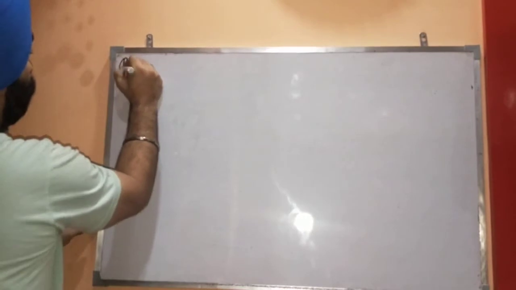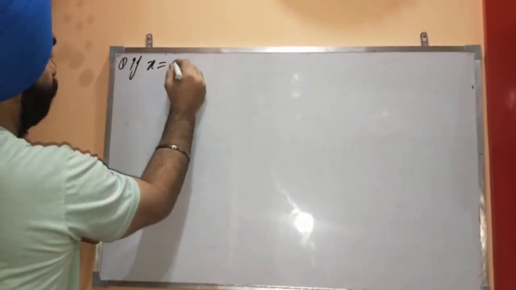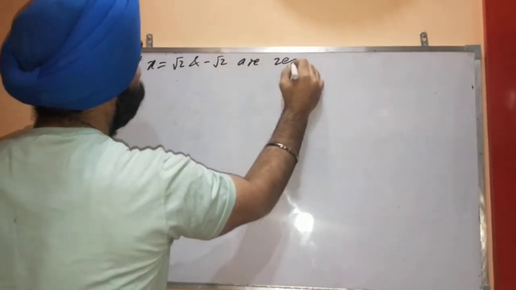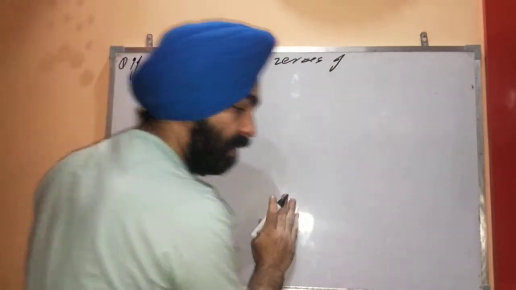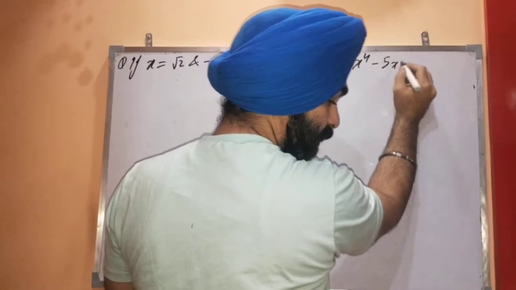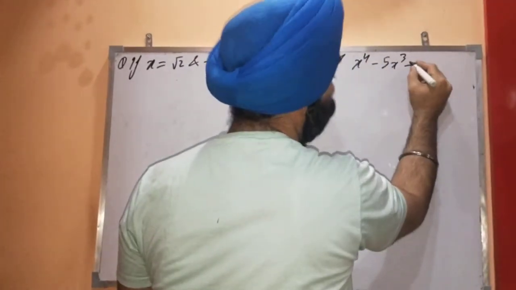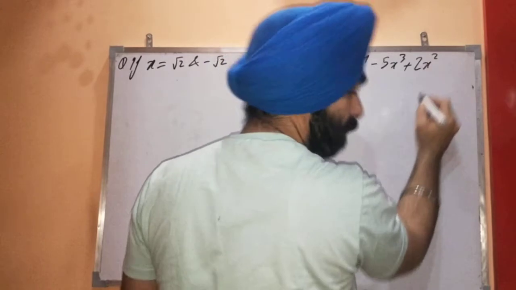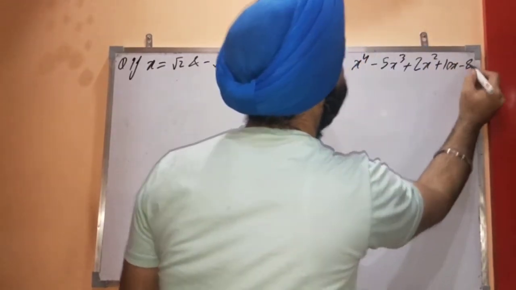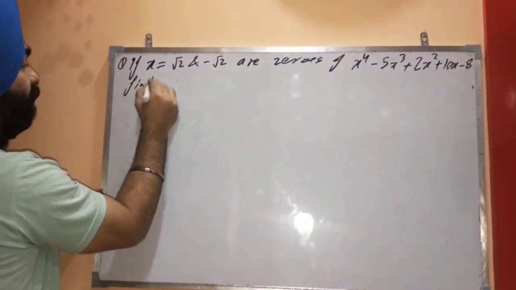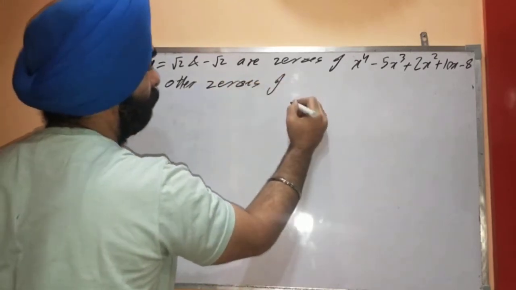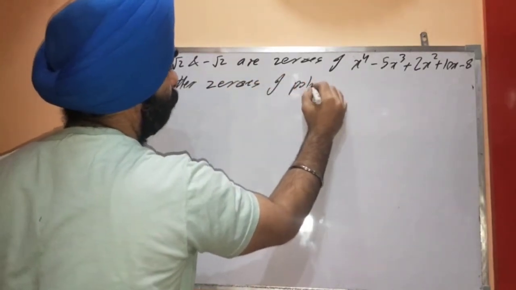See, it's given to us that if x is equal to root 2 and minus root 2 are zeros of x raised to the power 4 minus 5x cube plus 2x square plus 10x minus 8, then find the other zeros of the polynomial.